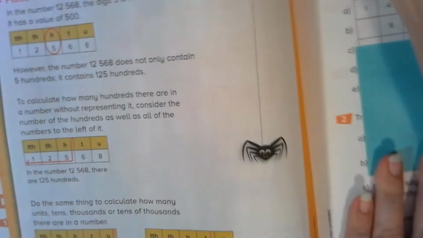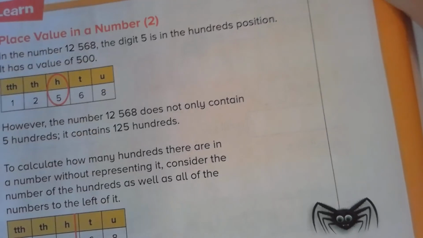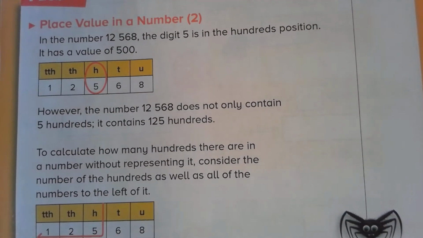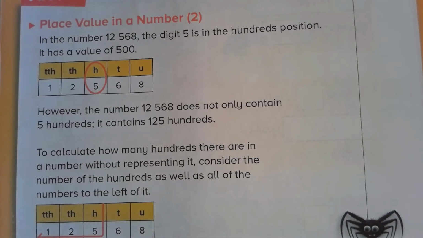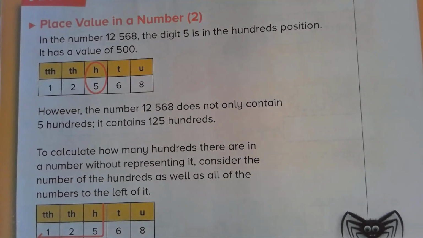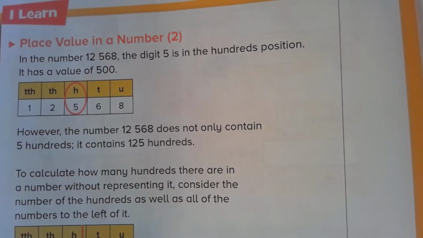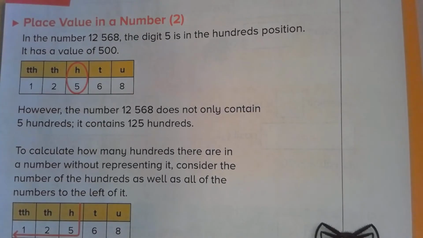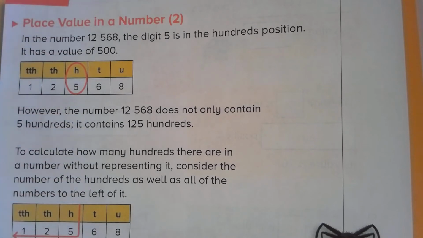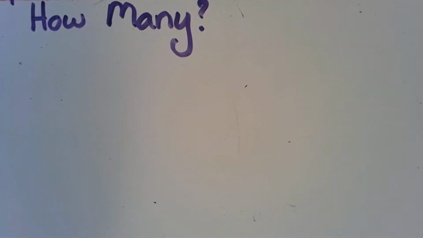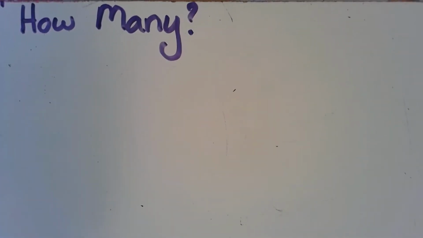So if you turn the page, and you're on page 8 now, they're going to start asking you how many thousands, how many hundreds, how many tens, and how many units are in each number. So when you see that they ask you how many, it's important that you learn this little lesson. How many?